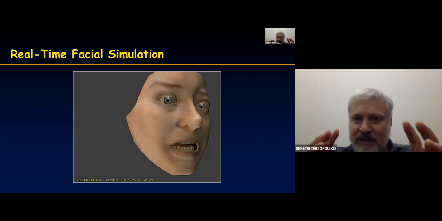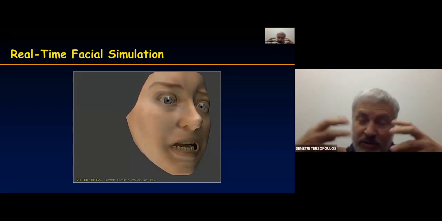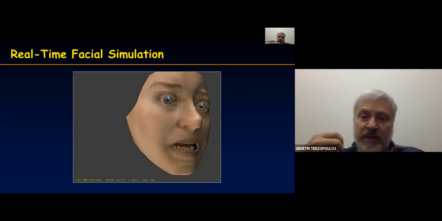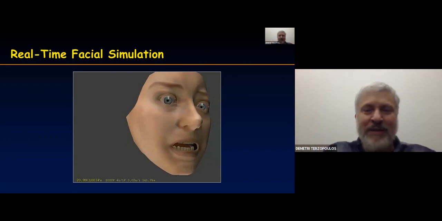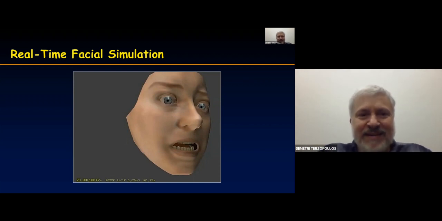And so when it starts moving, you have to be very accurate in the motion. Otherwise, people get weirded out by the whole thing. If you know what I mean.